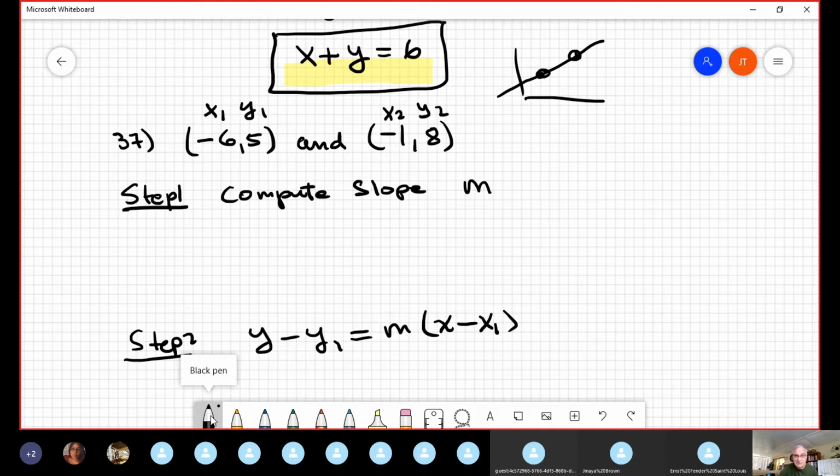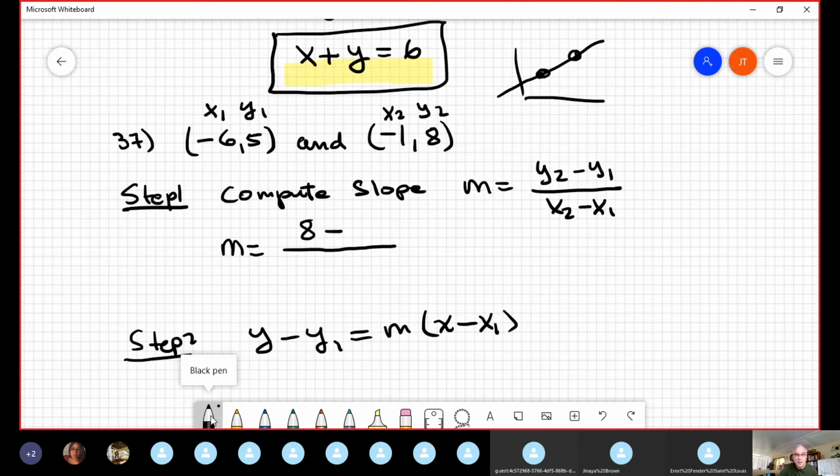The formula for the slope is y2 minus y1 divided by x2 minus x1. In our specific example, y2 is 8, y1 is 5, x2 is -1 minus, don't forget that the formula contains 2 subtractions, x1 is -6.